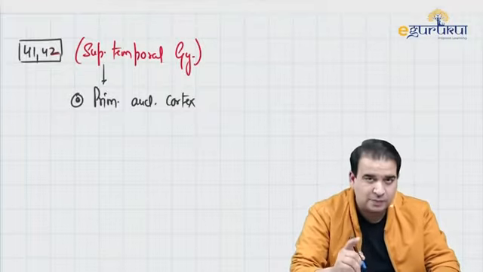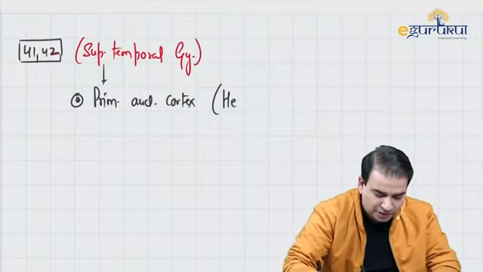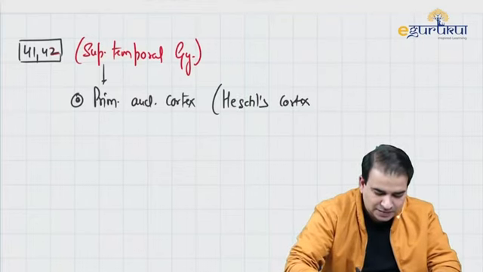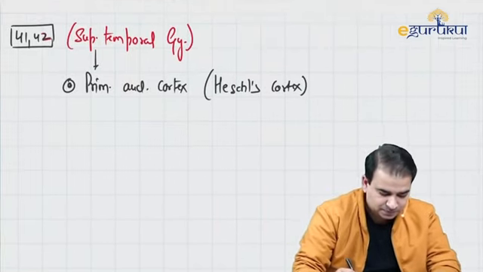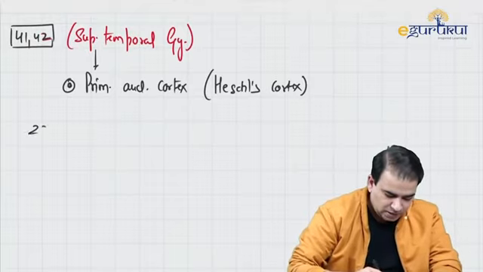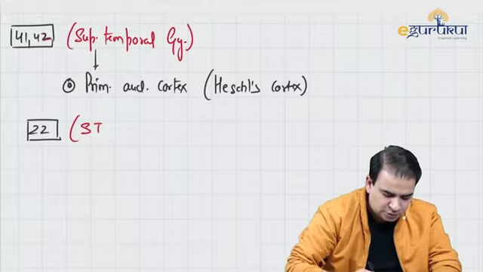We talked about it in the auditory pathway also. The primary auditory cortex is also called Heschl's cortex. This area, 41 and 42, is surrounded by area number 22, which is also in the superior temporal gyrus.